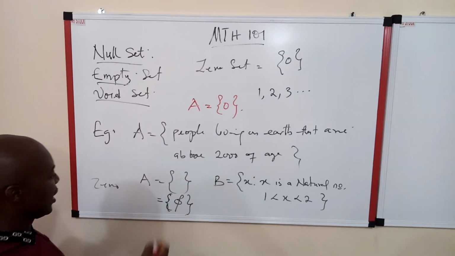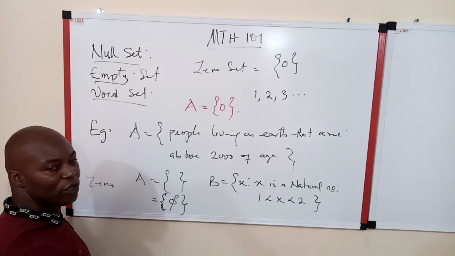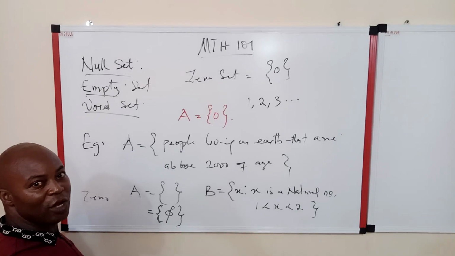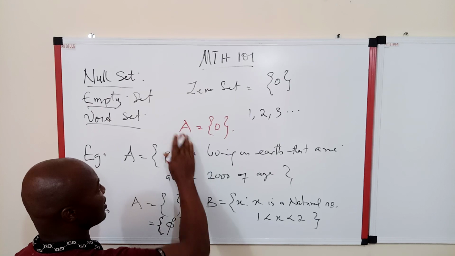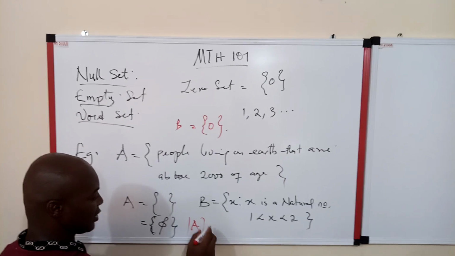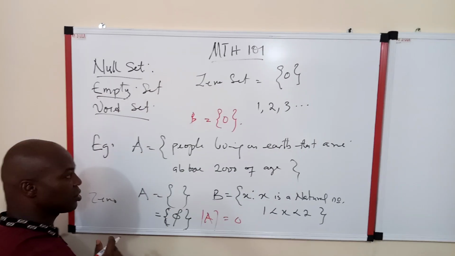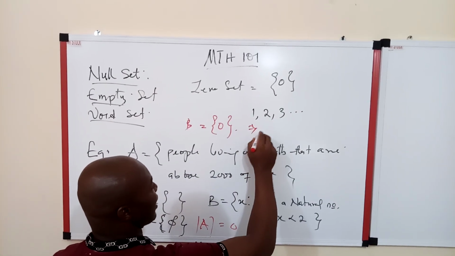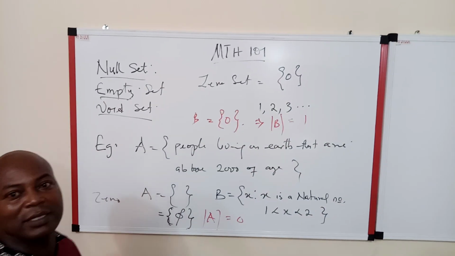How do you know that? If you determine the cardinality, the number of elements in a null set, the cardinality of A in this case is 0 because there is nothing in it. While the cardinality of a zero set, say B, is equal to 1 because we have one element in it.